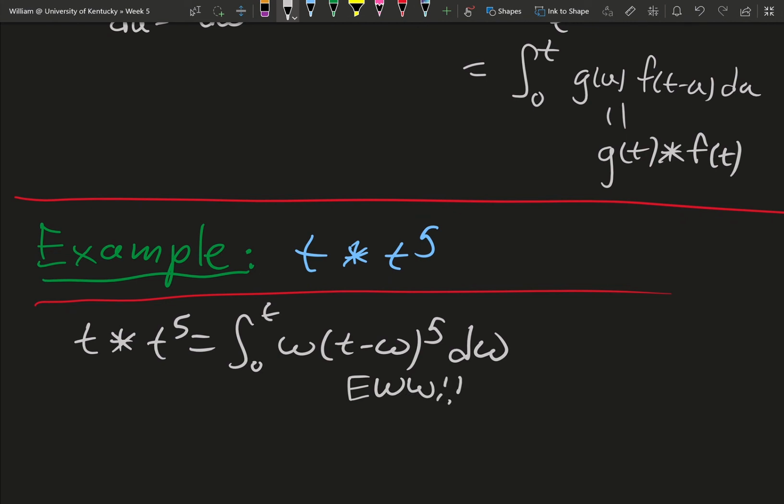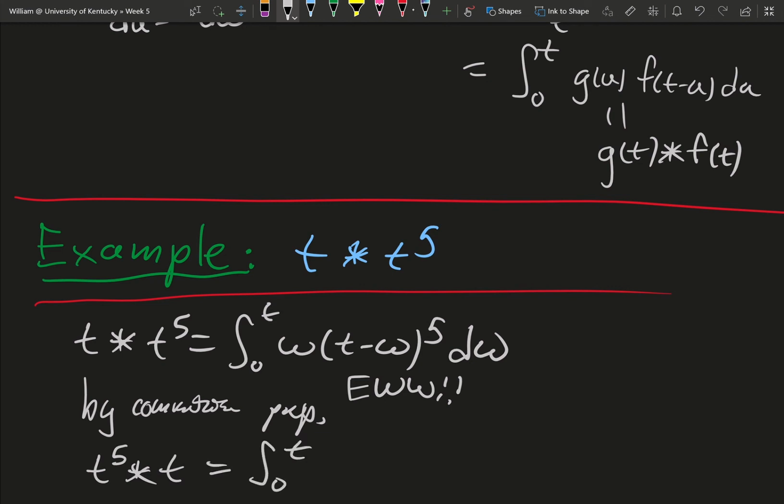I would have to expand, you know, a 5th power, which is not fun. But if I use the commutative property, I can just compute t to the 5th with t, and that is much easier to do, because then I don't have to expand anything.